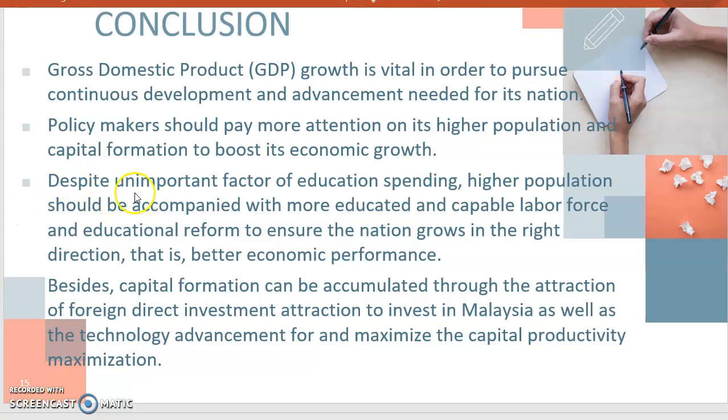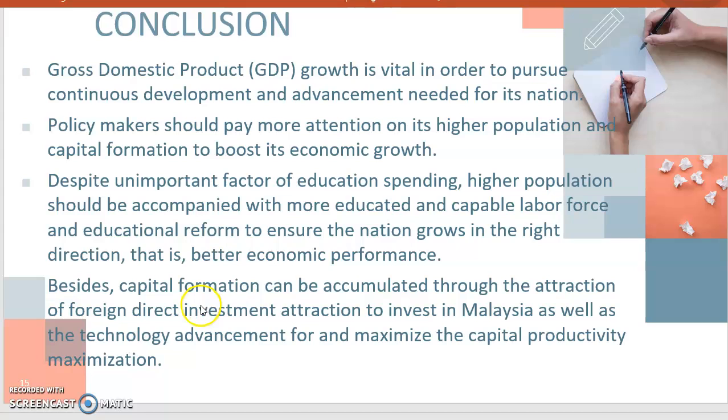As for the other 3 factors like education spending, the high population should be accompanied with a more educated and also capable labor force, and also educational reform in order to ensure that every nation goes in the right direction, that is for better economic performance.